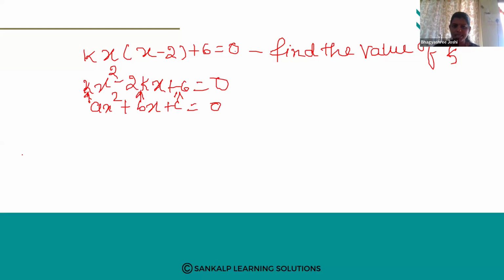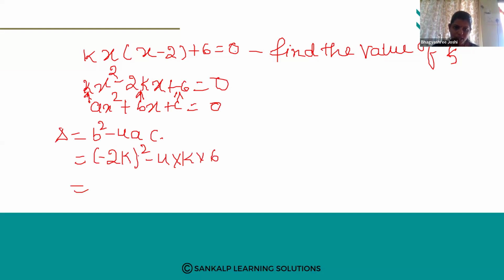Now use the discriminant, delta is equal to b square minus 4ac. So b value is minus 2k whole square minus 4 into k into 6. So minus 2k square is 4k square, and 6 fours are 24k.